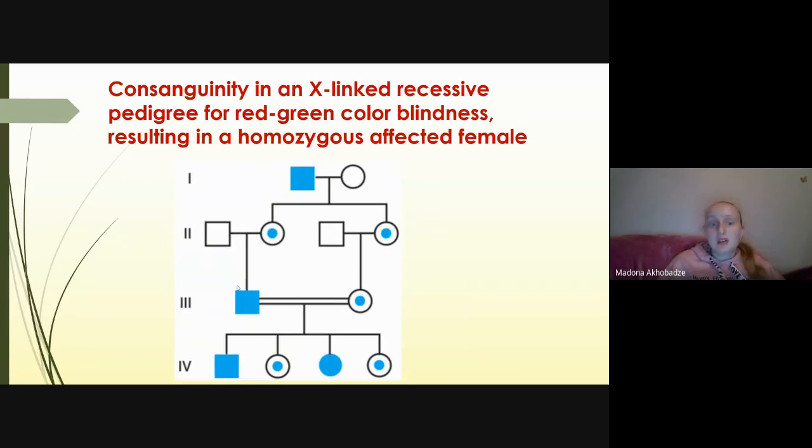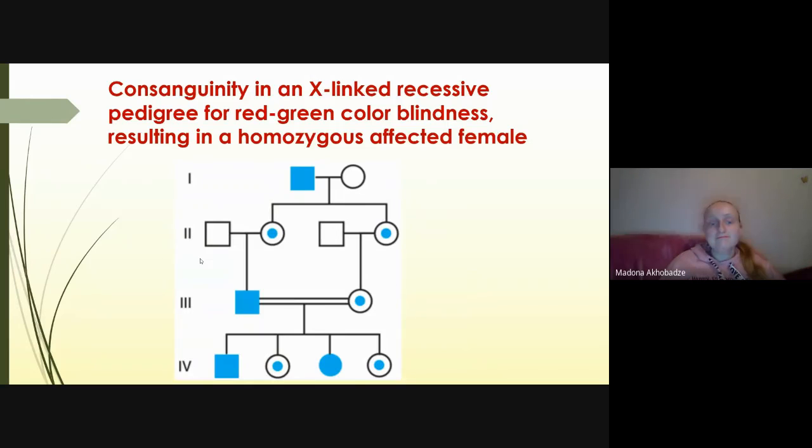Because, again, of the consanguineous mating: the diseased father and the carrier mother met each other, and now the female being diseased is possible. She is not only a carrier but also an affected one, because the two recessive genes meet each other because of the consanguineous mating.